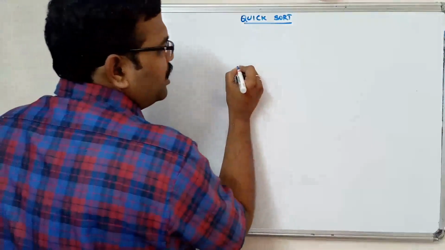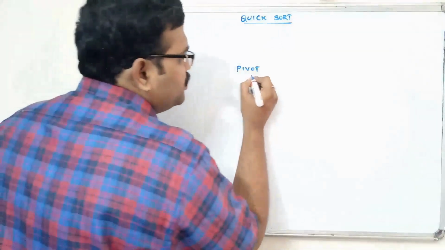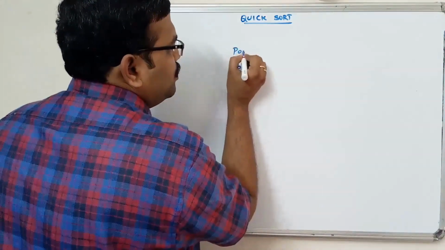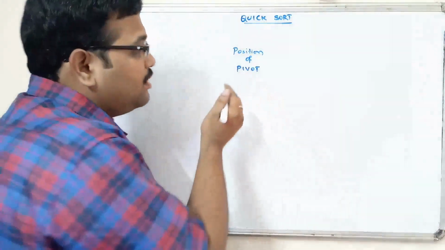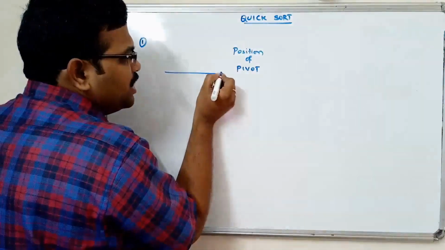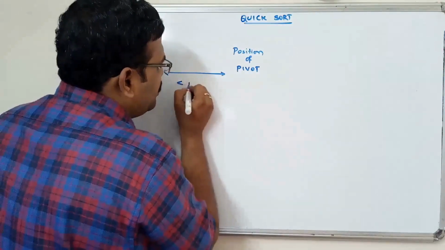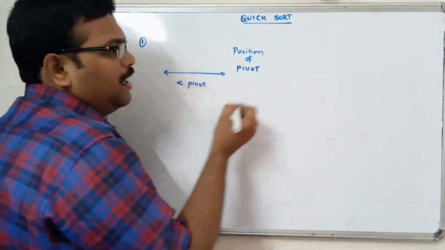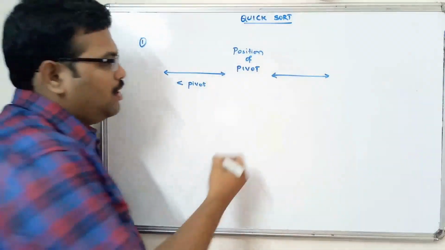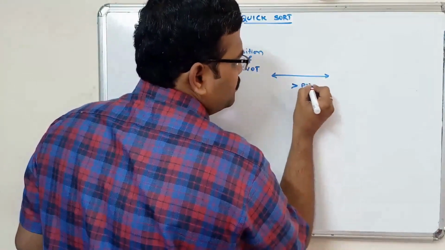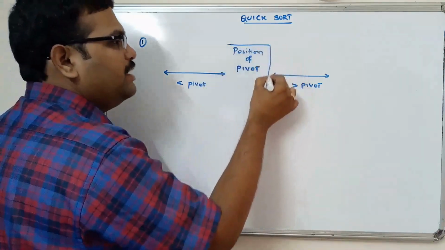So first we have to find the position of a pivot such that all the elements which are left towards this pivot are less than the pivot element, and whatever the elements on the right side of this position are greater than the pivot. First we have to find this position.